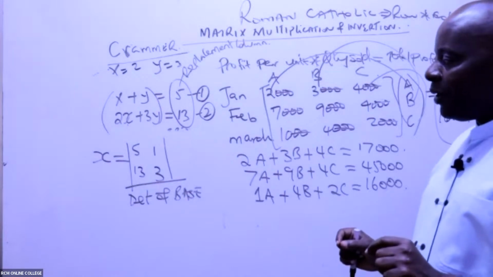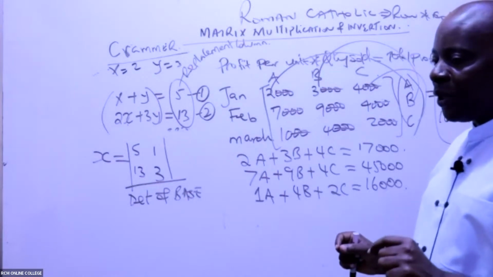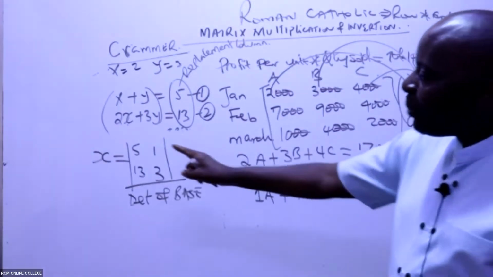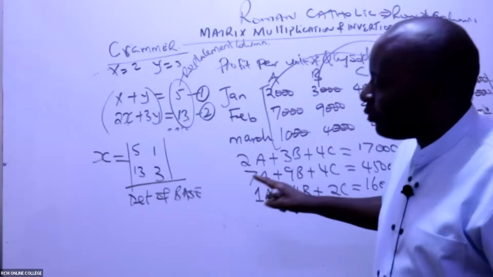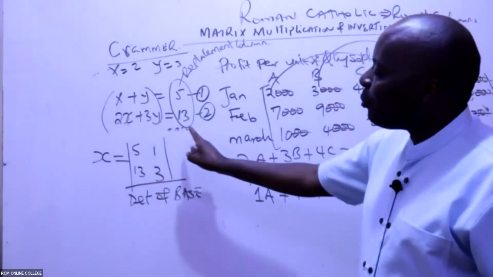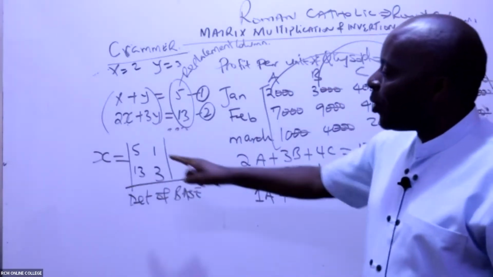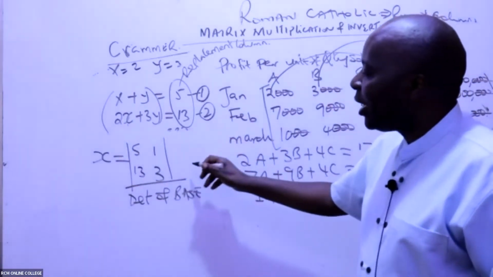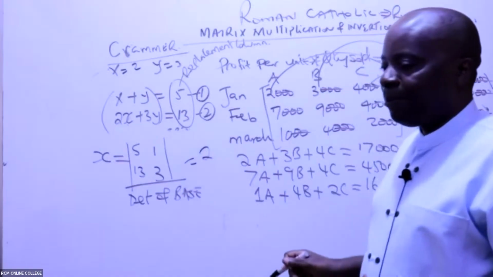So you see here, product of primary is 15 minus product of secondary. Product means you are multiplying. So 15 minus 13, that gives me 2.